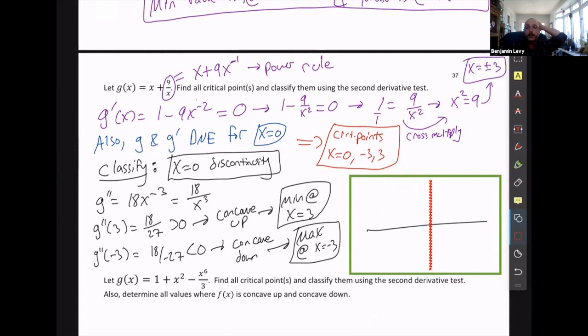And then it turns out it does a funky thing on either side of the line. It does this kind of thing. And it does this kind of thing. And so there's this max at -3, and there's this min at 3. That's g of x.